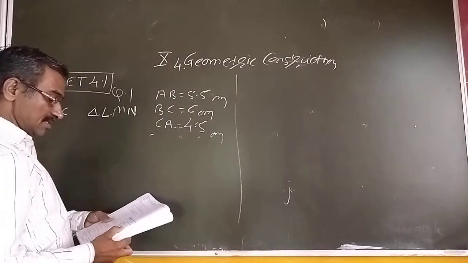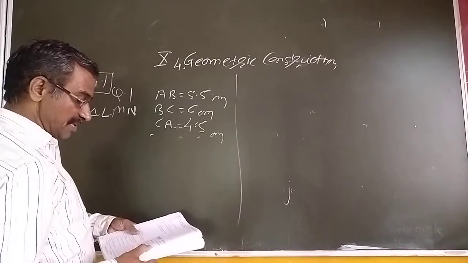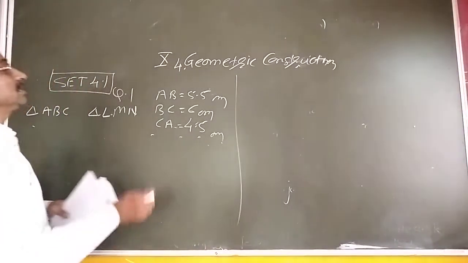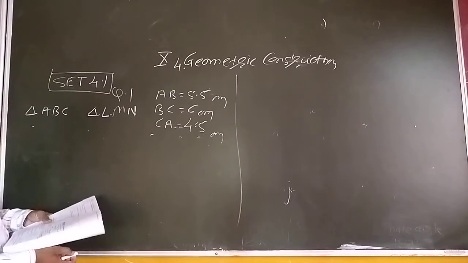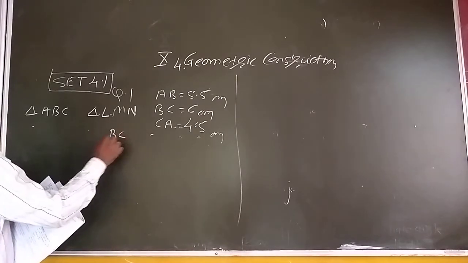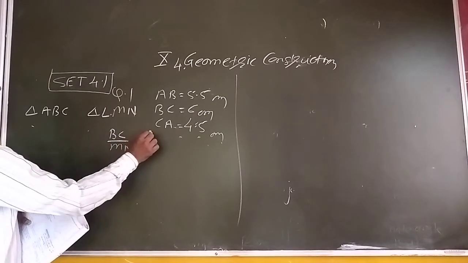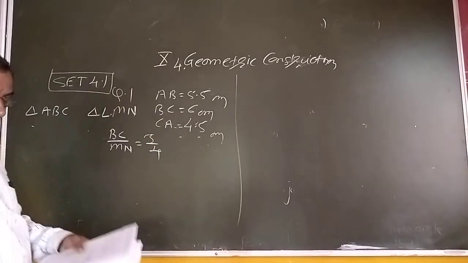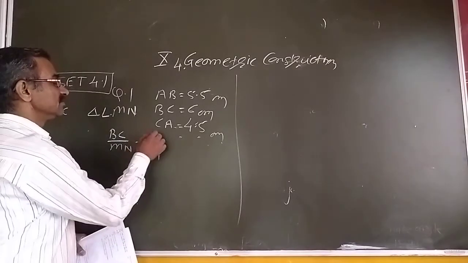Construct the triangles ABC and LMN such that the proportion of BC upon MN is equal to 5 upon 4.